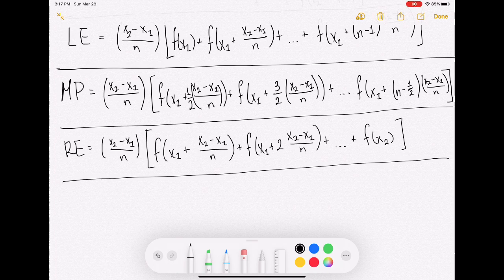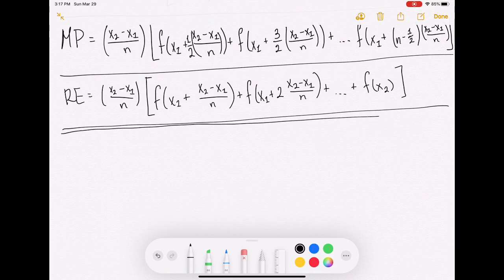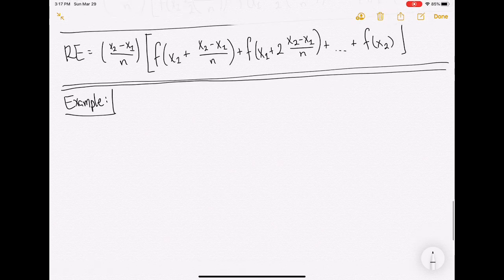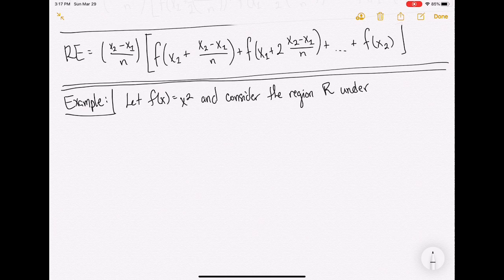So let's do one of these. This is going to say: let f equal x squared, and consider the region R under f from x equals 0 to x equals 1.